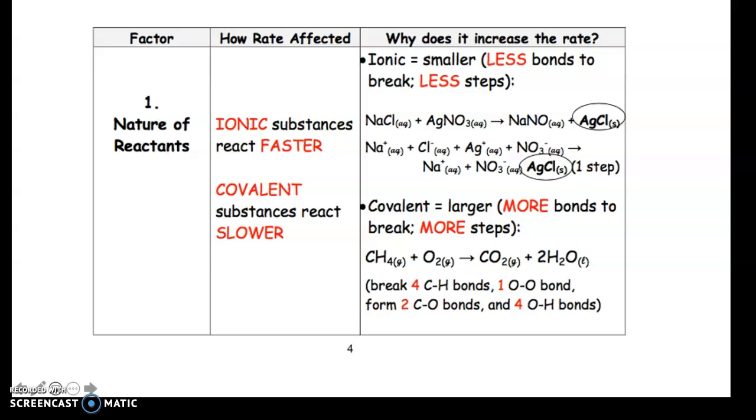Because covalent compounds are sharing their electrons, it's going to be harder. There are more bonds to break. However, with ionic, because they're transferring, that bond is easier to break. So ionic substances will always react faster than covalent substances.